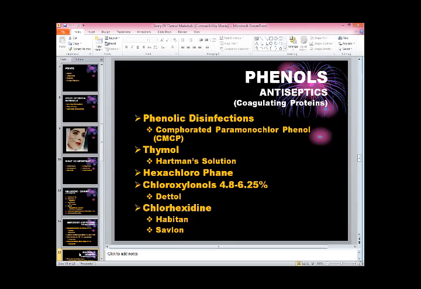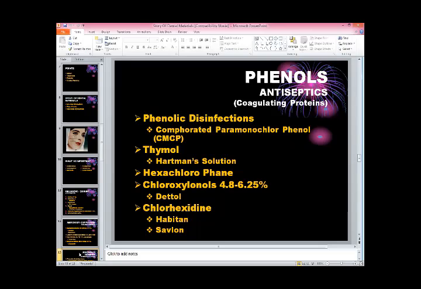This phenol group, we are using to disinfect the clothes also. And the phenolic disinfectant preparation available in the market is camphorated paramonochlorophenol.